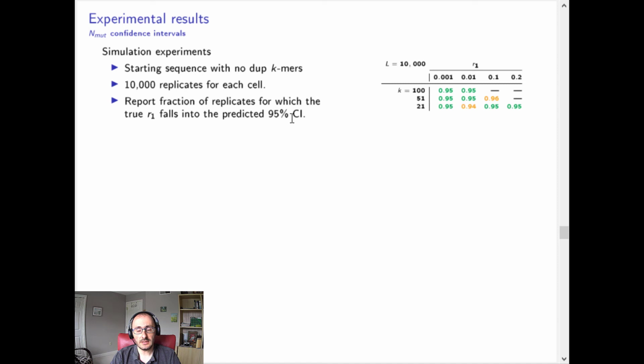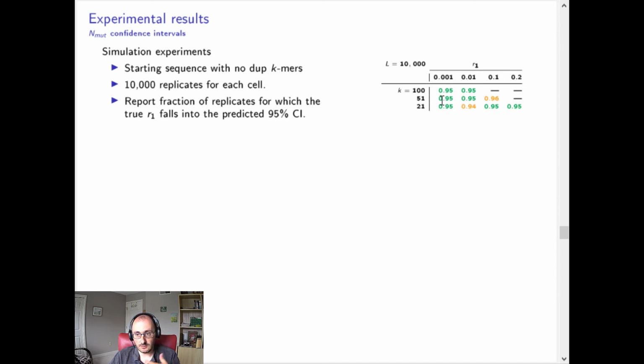So first we tested how well our theoretical confidence intervals for nmut perform in practice. We did a simulation where we basically simulated the model that we have. We started with a sequence with no duplicate kmers, and we varied k and r, and for each value of k and r we did 10,000 replicates of the following experiment.